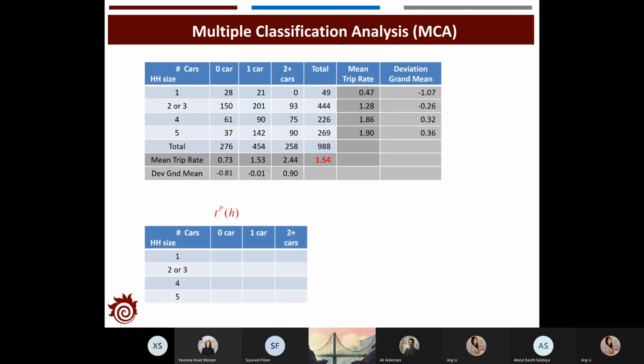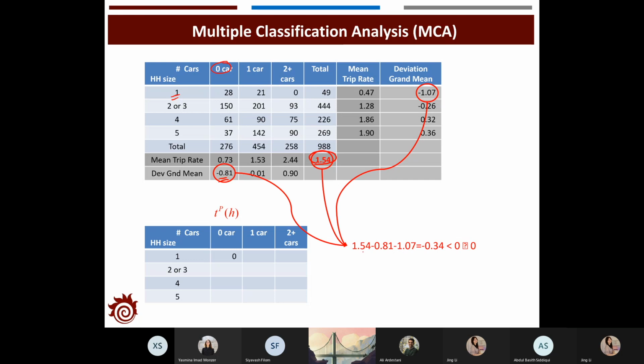So basically, for the trip rate table, for cell one, it will be the summation of the deviation from the grand mean for household size 1, plus the deviation from the grand mean for the category without any car, plus the grand mean.